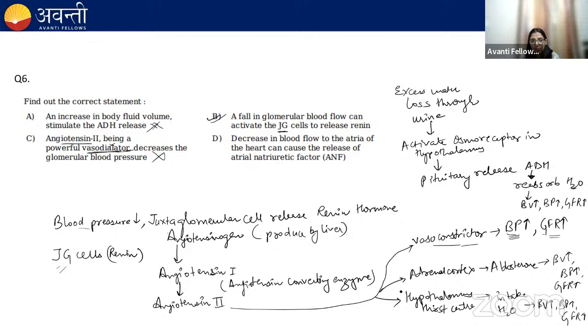Now we know that in both the mechanisms, the blood pressure is increasing. Here also blood pressure is increasing, right? So at that time, ANF is released, which is atrial natriuretic factor, from the heart wall, and this ANF acts as a vasodilator.